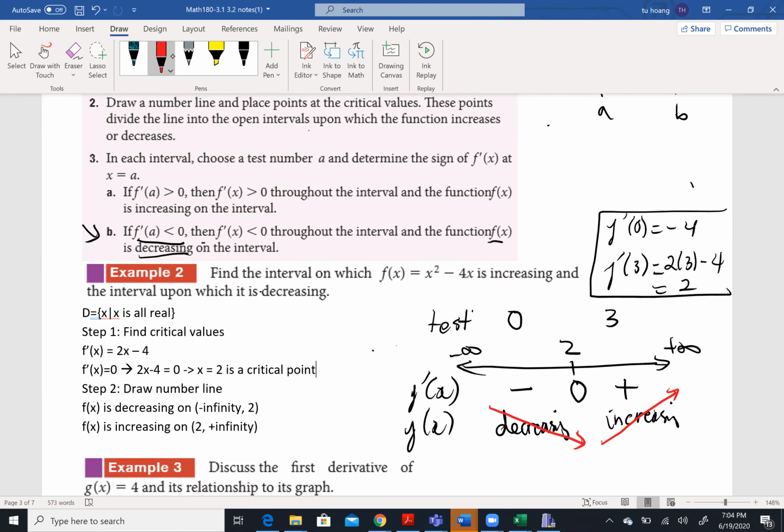So the conclusion for this is f of x is decreasing on negative infinity to 2, and f of x is increasing on 2 to positive infinity.